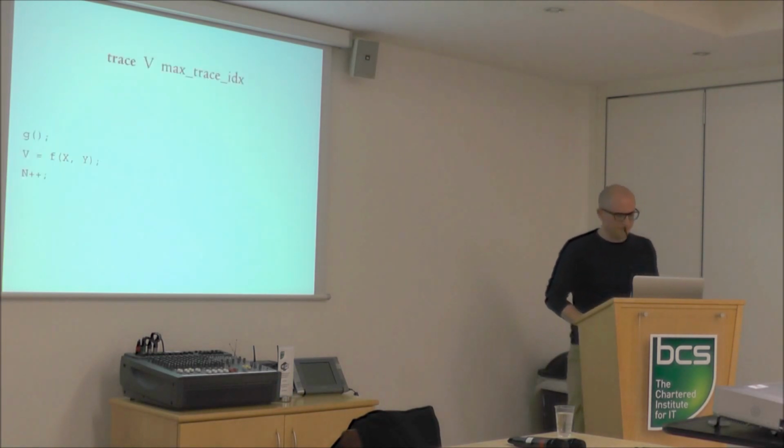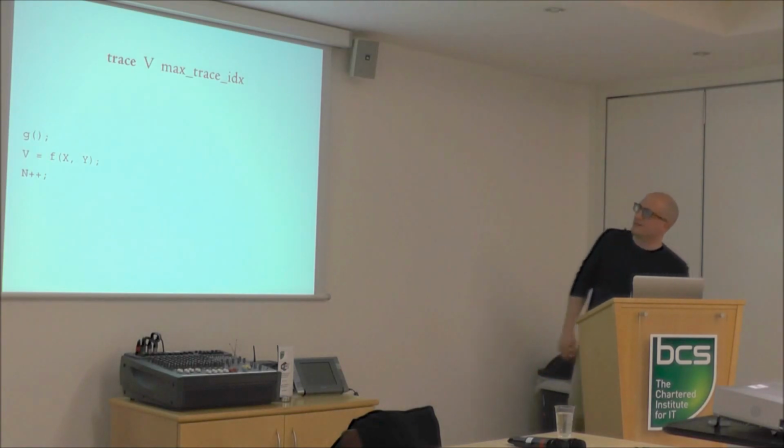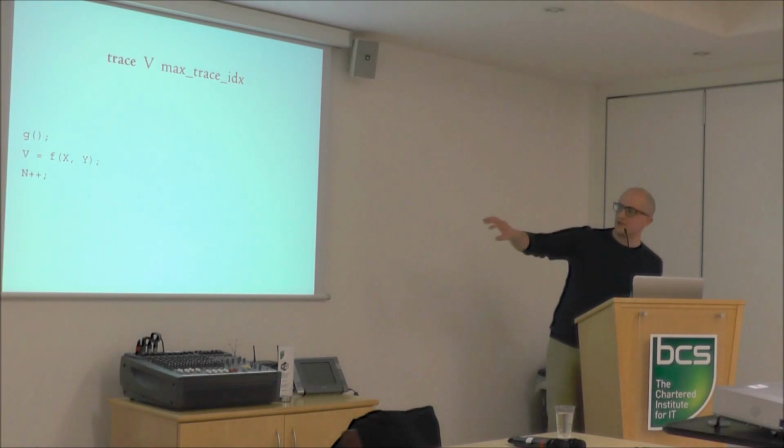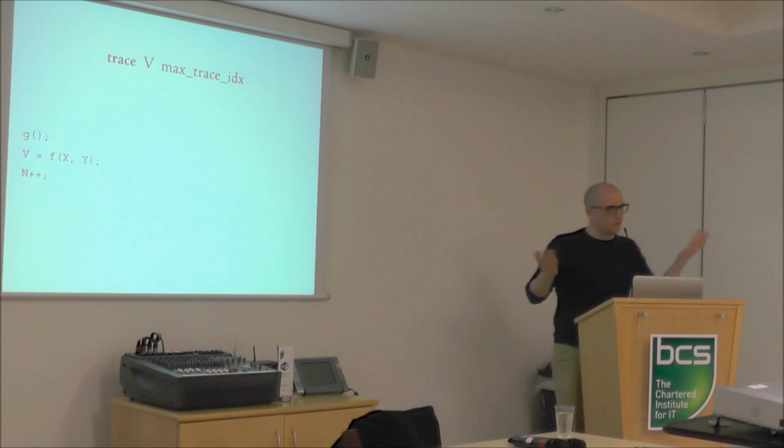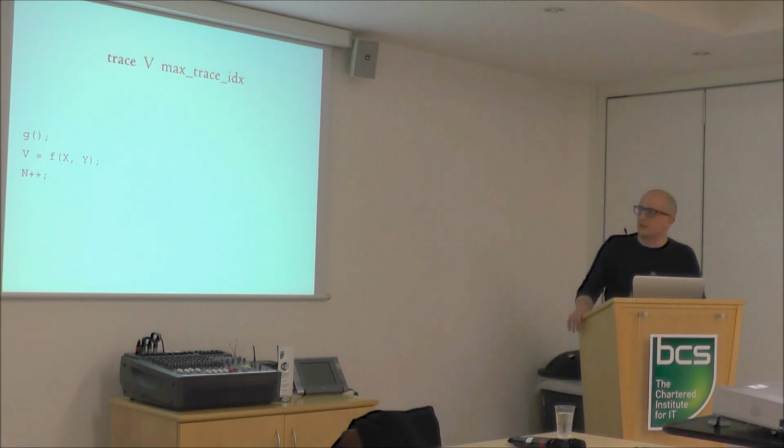Let me give you an example. Say we have the program I show you there on the left. We have a call to function G, then we're calling function F with parameters X and Y, assigning the result to V, and then we're incrementing that.